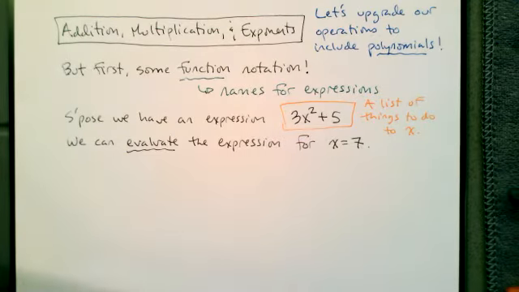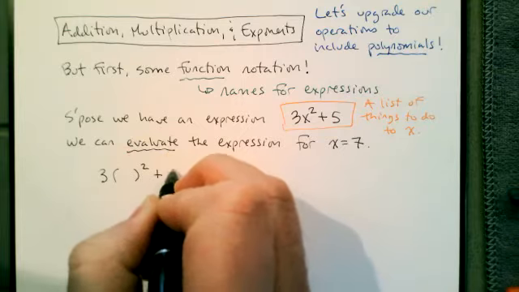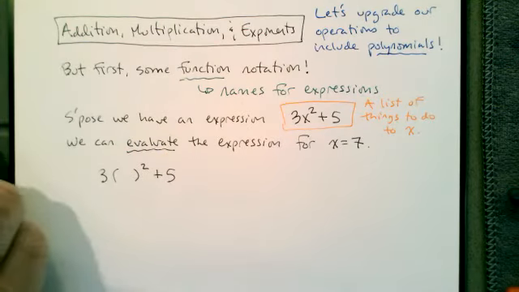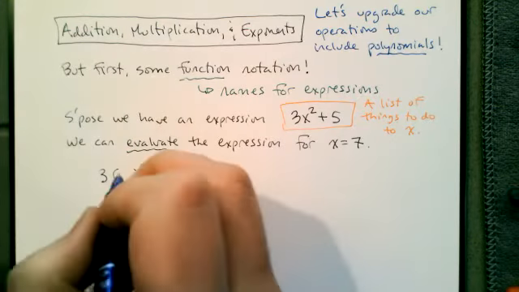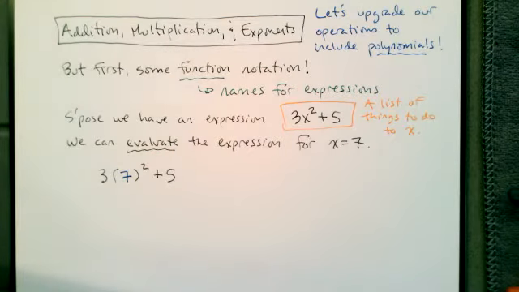So when we evaluate the expression, we replace the x with a 7 and then simplify. Our expression is 3 times a thing squared plus 5. So if I put the 7 in for the x, we just simplify following our rules.